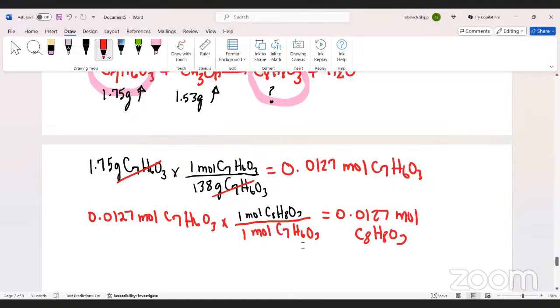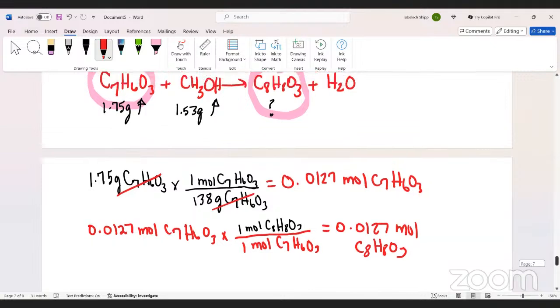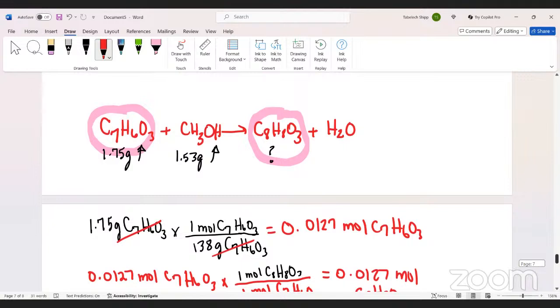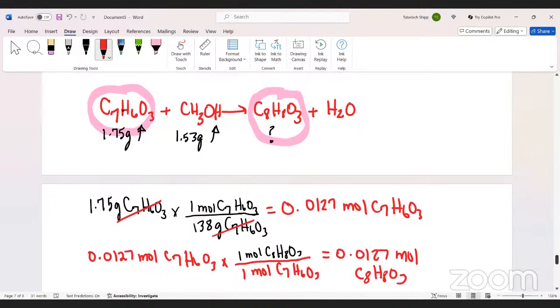Now, I'm going to let that breathe for a second before I finish, okay? So again, let me just tell you what I did for the first part. This problem takes a long time, okay? So again, this is your chemical reaction. And they gave you 1.75 grams of C7H6O3. They also gave you 1.53 grams of CH3OH. They want to know how much of this C8H8O3 is produced from either of these compounds.